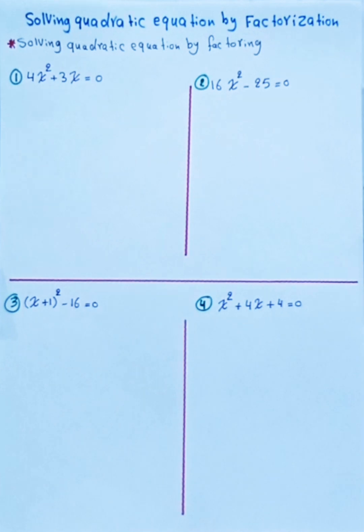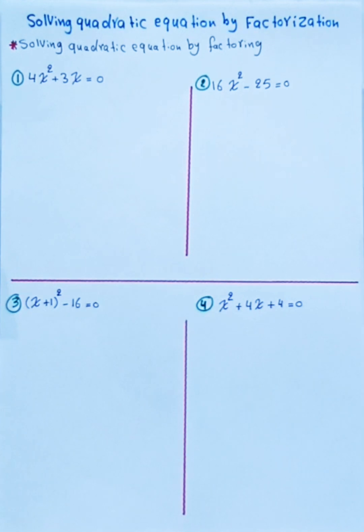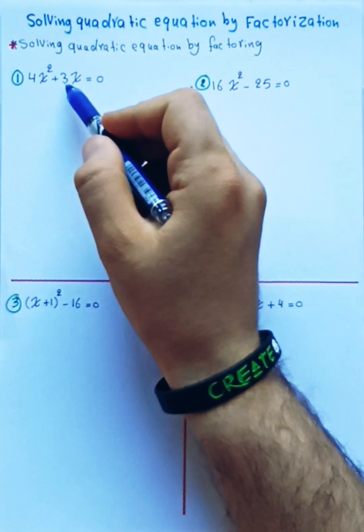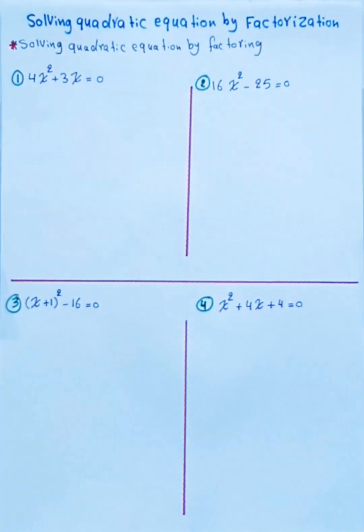In the second part of this lesson, I'm going to talk about how we can solve a quadratic equation by factoring. If a quadratic equation is written in standard form, like 4x squared plus 3x equal to 0, then to solve the equation you may need to factor before using the zero product property.